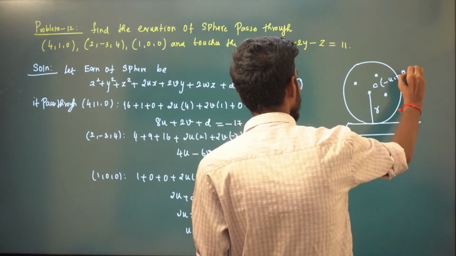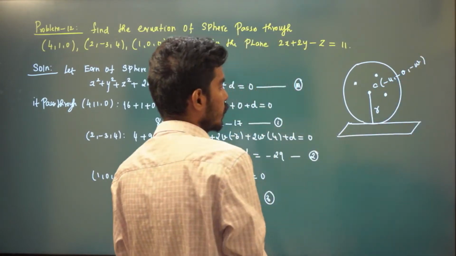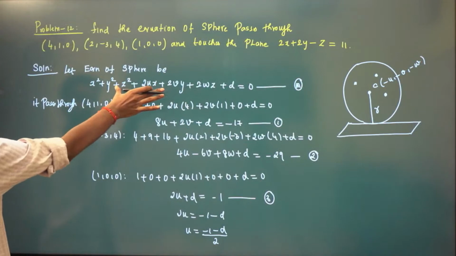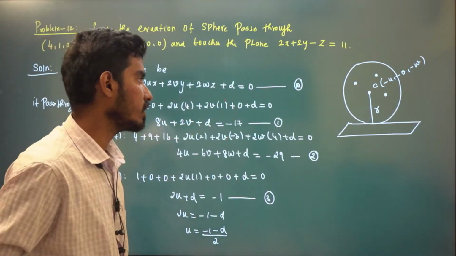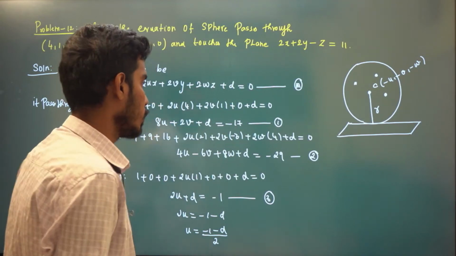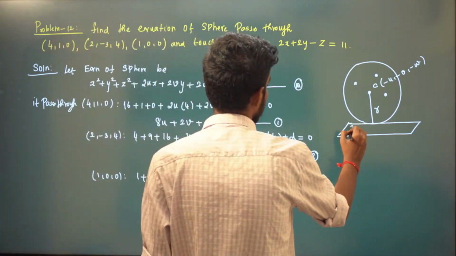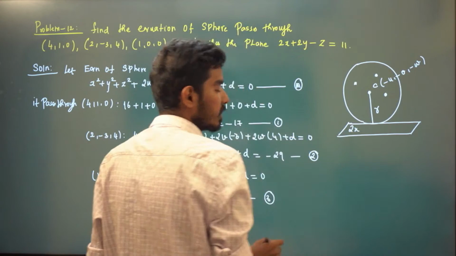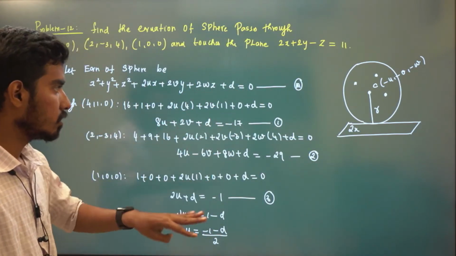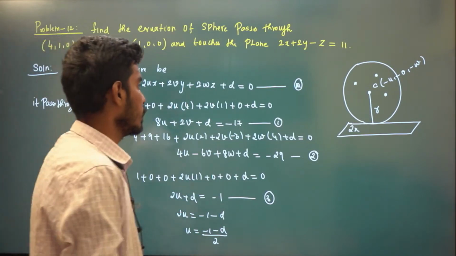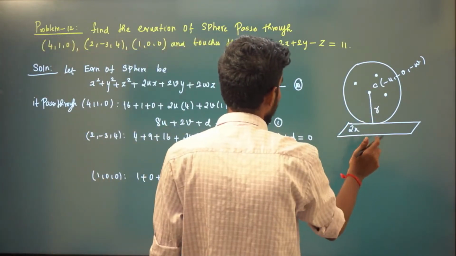Center is minus u, minus v, minus w, because we have assumed this to be the equation of sphere and we don't know the center. What is the plane? This is the fourth constraint. Already we have three constraints, since it has to pass through these 3 points. The fourth equation is that the radius has to be equal to this perpendicular distance.